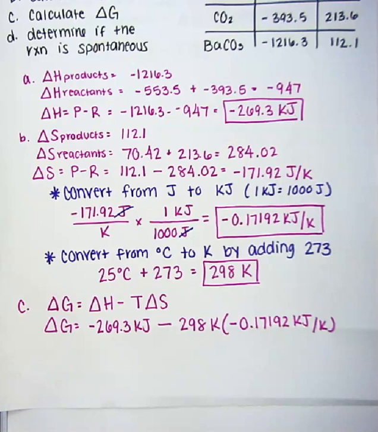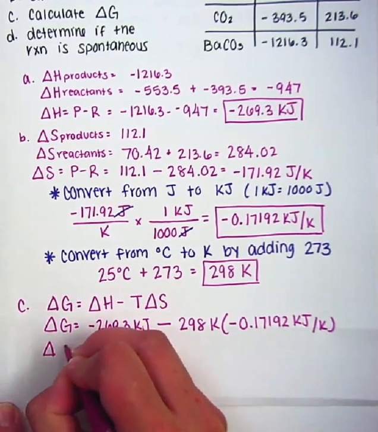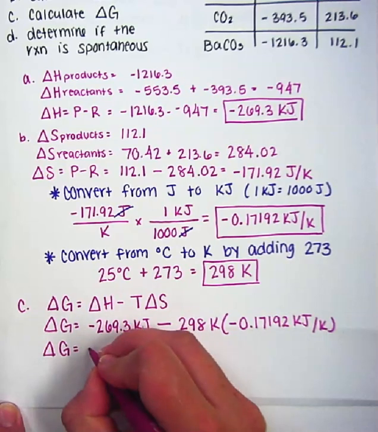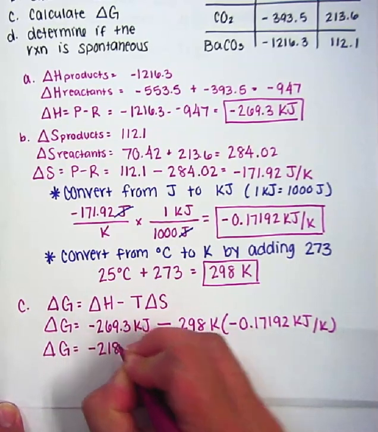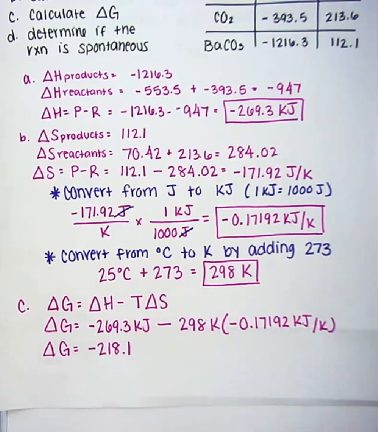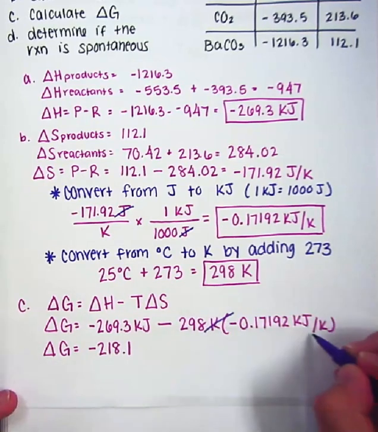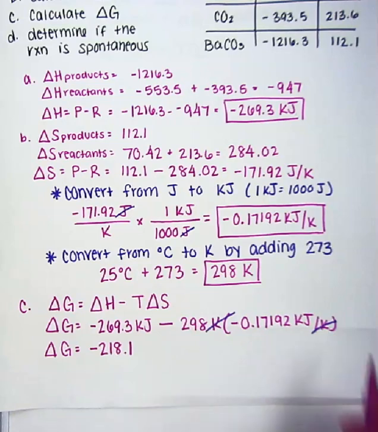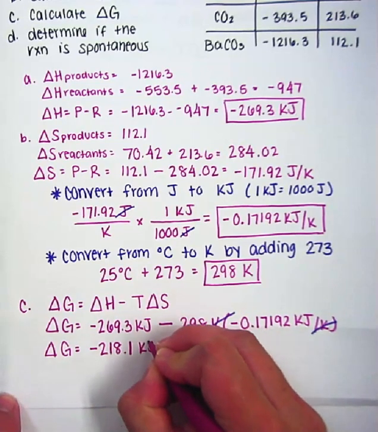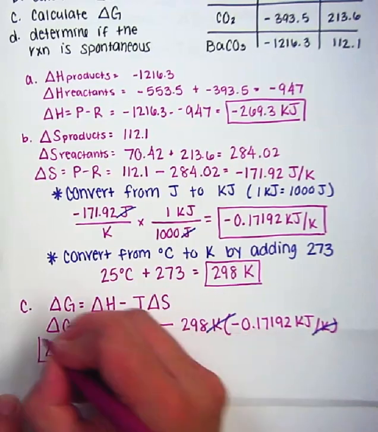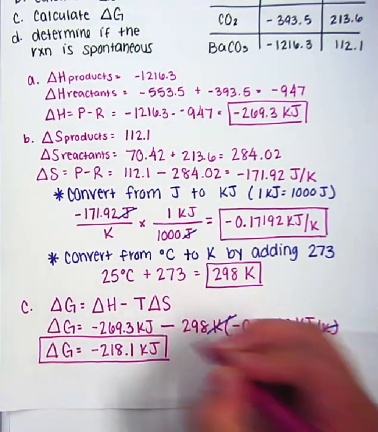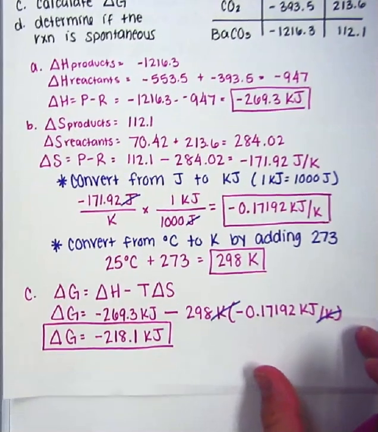So now we can go through and solve. Delta G is equal to a negative 218.1. Kelvin over Kelvin will cancel. We're going to be left with kilojoules. So Gibbs free energy is equal to a negative 218.1 kilojoules.